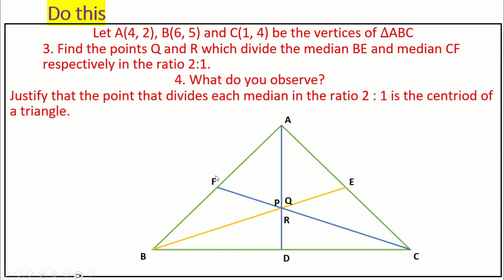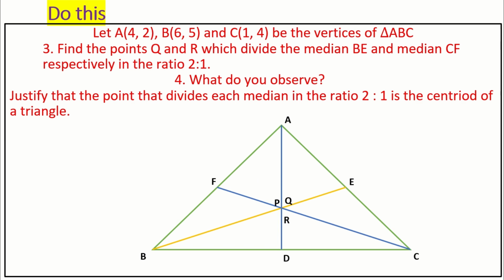Now next, find the points Q and R which divide the median BE and median CF respectively in the ratio of 2 is to 1. He did not give it exactly, but BE is one median and CF is the other median. If you calculate the same way as before, you get exactly the same point because all medians in a triangle intersect at the same point.